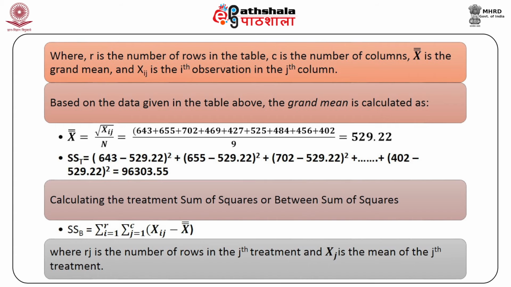R is the number of rows in the table and C is the number of columns. X with double bar is the grand mean and Xij is the ith observation in the jth column.